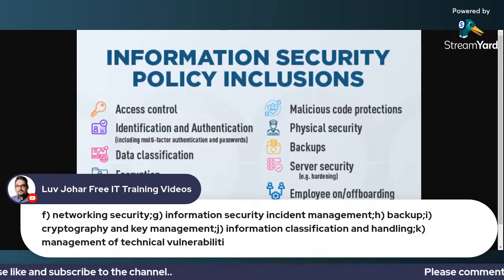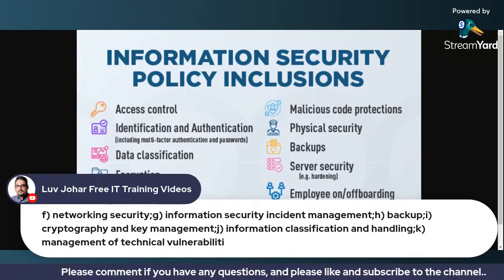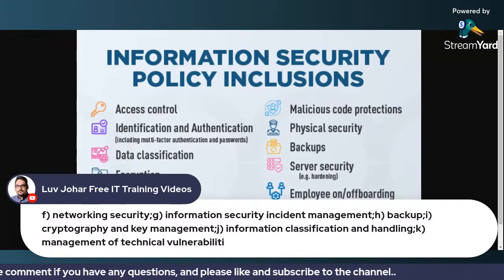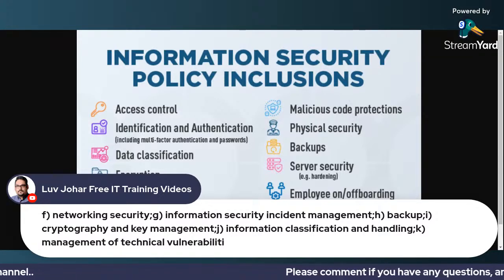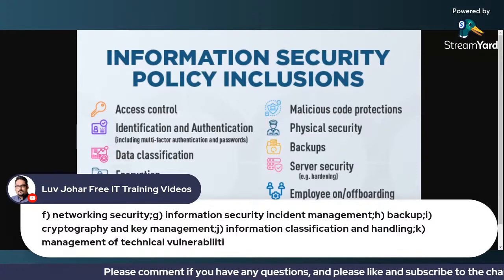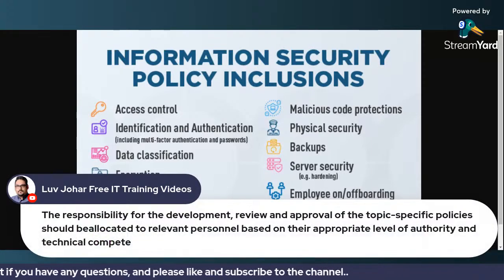Now it says in this control itself, the responsibility for the development, review, and approval of the topic specific policies should be allocated to the relevant personnel based on their appropriate level of authority and technical competency. This is a very important line, so you should keep a note of it from an interview perspective as well.